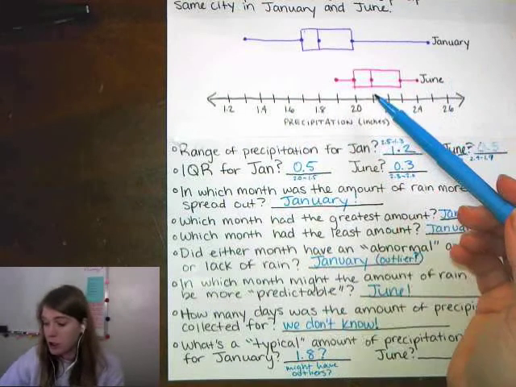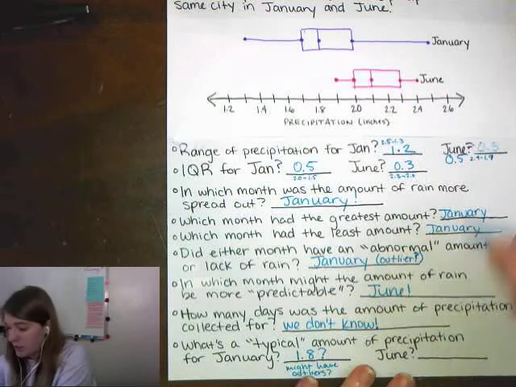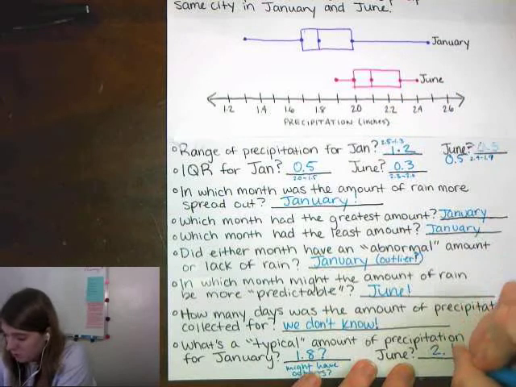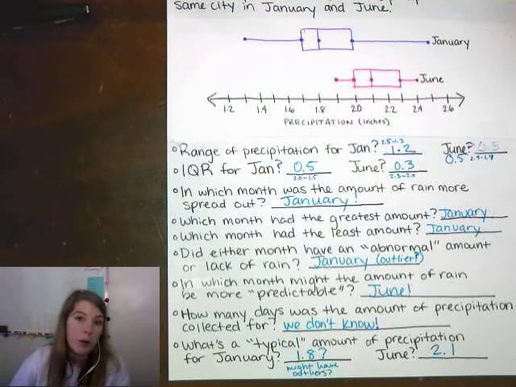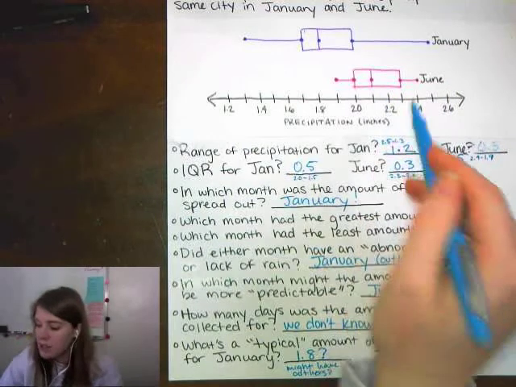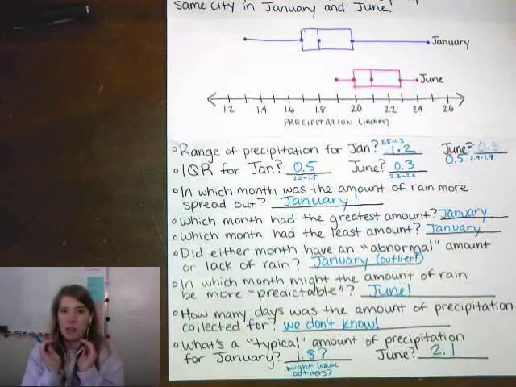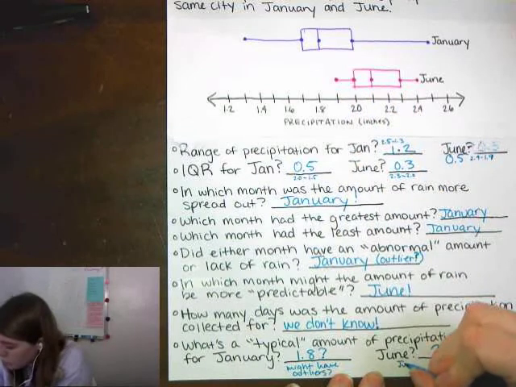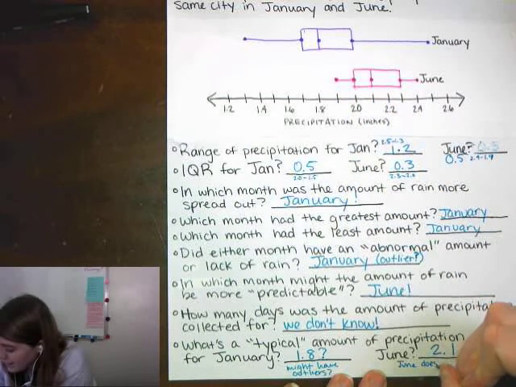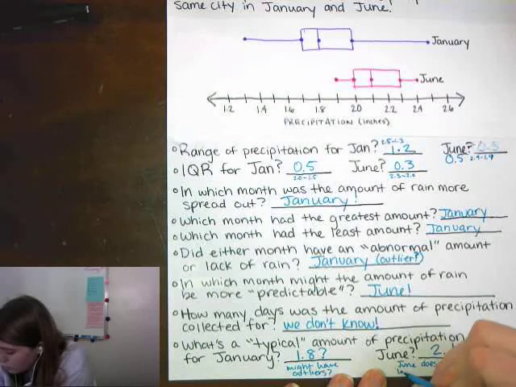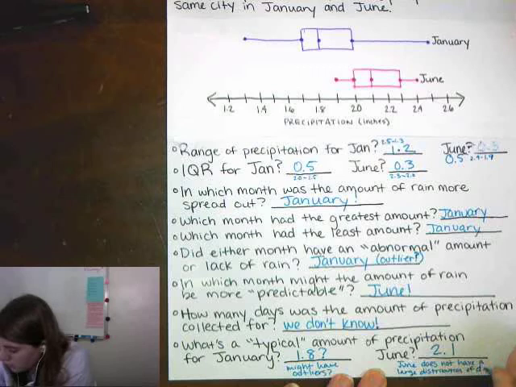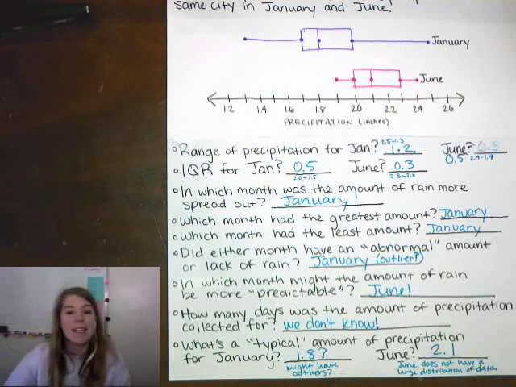Whereas the one in June, I would say with a lot of certainty that 2.1 would be typical because the box plot is so close together, because we know that June does not have a large distribution of data, aka it ain't spread out.